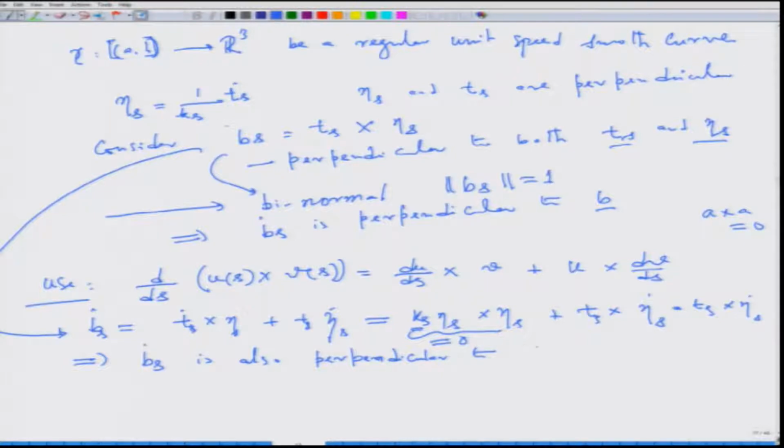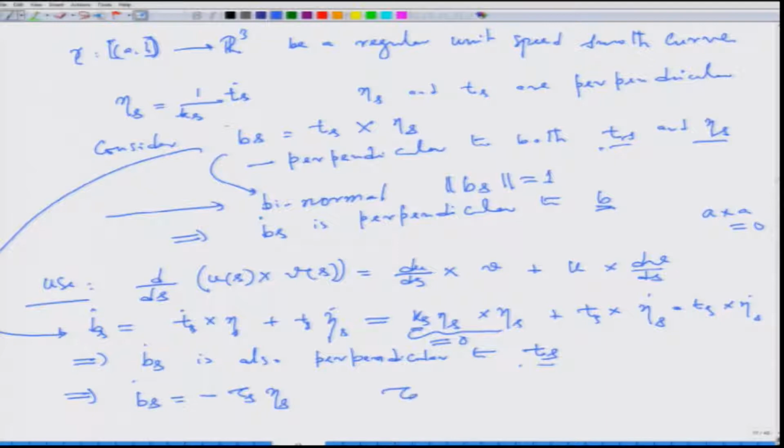to T s. So, B dot s is perpendicular to B, and it is perpendicular to T s and eta s. That implies B dot s is equal to some constant multiple of eta s at the point s. For some reason I put a negative sign here, you will see why.